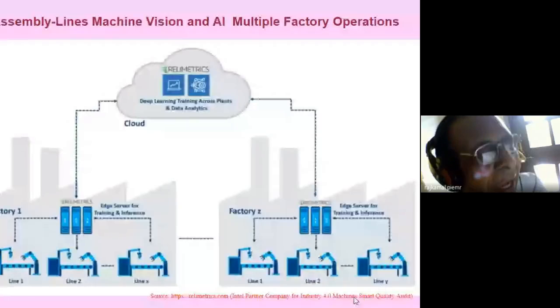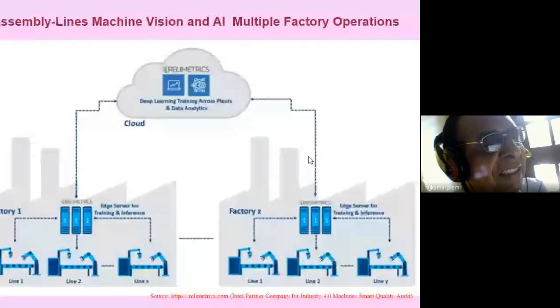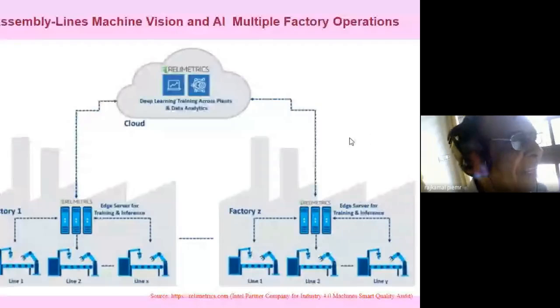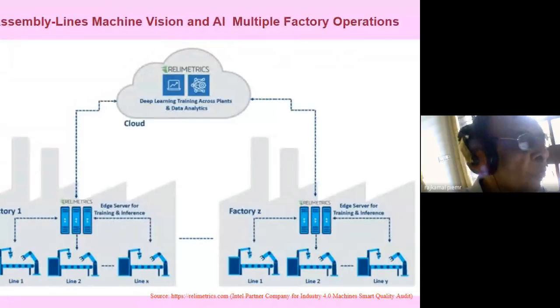The purpose of the Relimetris system is to do quality audits of the machines. Different machine objects which are doing the work, their quality is analyzed using these Relimetris systems, which have been put to use only in 2019. And Intel is very active in applying AI in their processors.